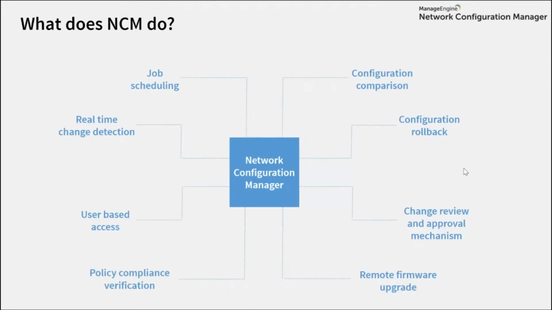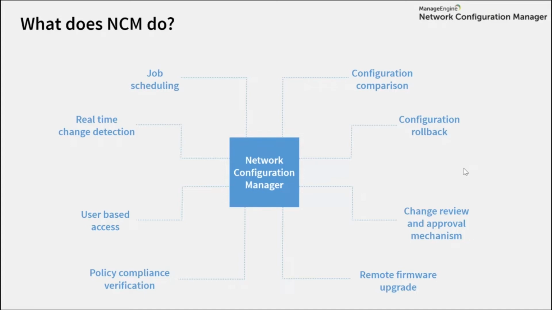So moving on to what Managing's Network Configuration Manager can do for you in your network infrastructure. Starting from the top right, you can compare configurations of two different devices or different configuration versions of the same device using a diff capability in Network Configuration Manager. Second one is the configuration rollback, which I just talked about.